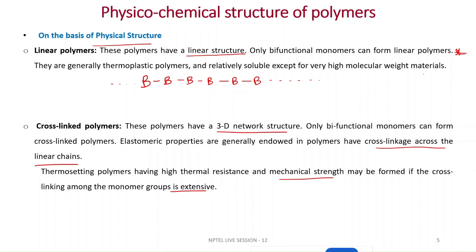Okay, so in this kind of structure, bifunctional groups and some trifunctional groups are there, and it will continue, but there will be cross-linking among the monomers, like cross-linking with this. So this is a kind of cross-linked polymer. So there is the cross-linking.